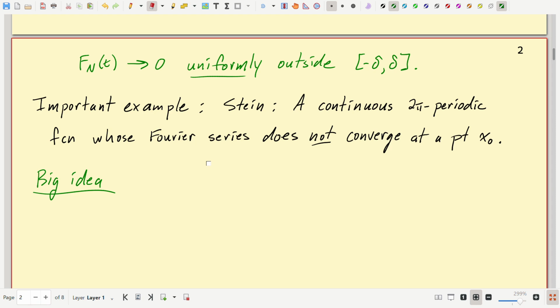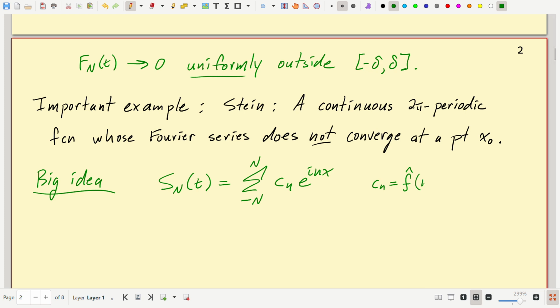So we have partial sums S_n of t. That was the sum from minus n to n, and we write it in the complex notation; it's shorter and sweeter. The c_n here, using Stein's notation, is the nth Fourier coefficient of f.